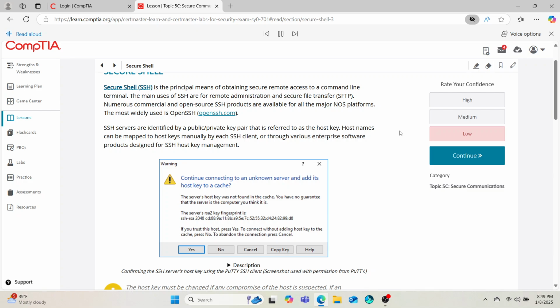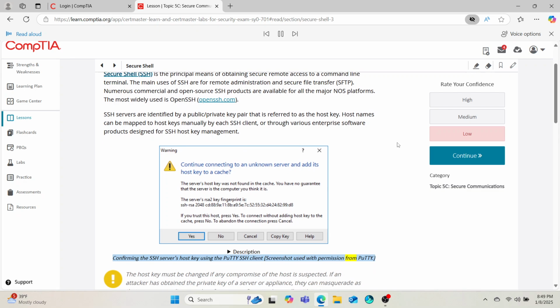To connect without adding host key to the cache, press no. To abandon the connection, press cancel." Five buttons, yes selected, no, cancel, copy key, and help, are at the bottom. Confirming the SSH server's host key using the PuTTY SSH client, screenshot used with permission from PuTTY.